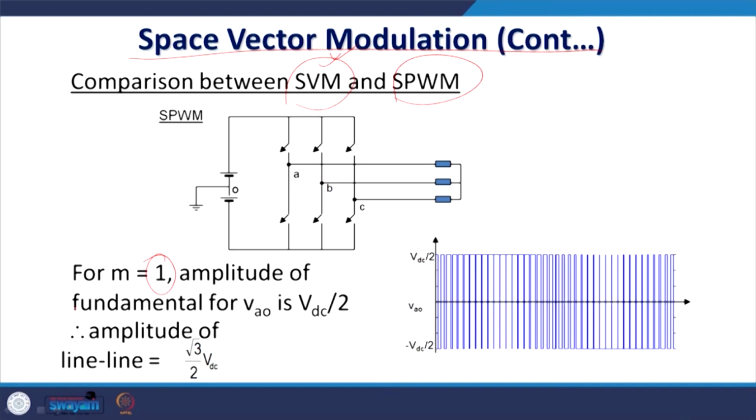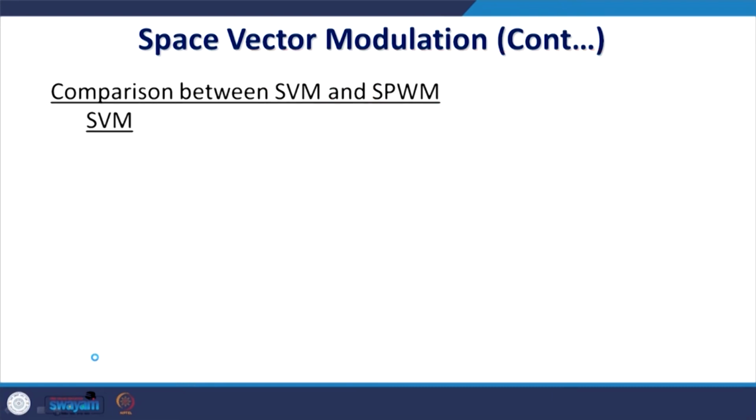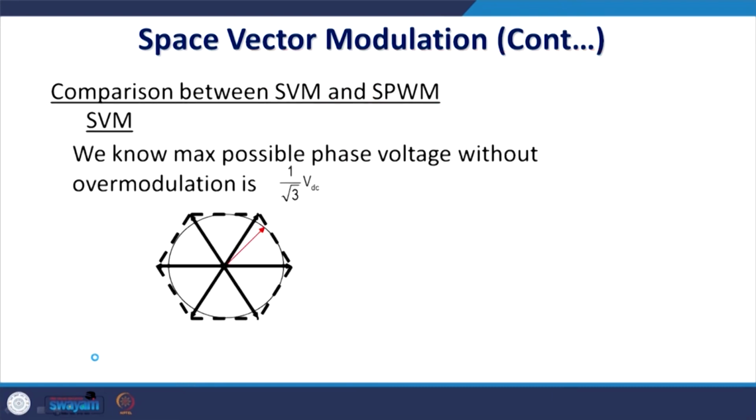For m greater than 1, m equal to 1 I will come to later, the amplitude of the fundamental for VAO is VDC by 2, and the amplitude of the line voltage is essentially root 3 by 2 VDC. We know that the possible phase voltage without over modulation is 1 by root 3 into VDC, and the amplitude of line to line voltage can be up to VDC.